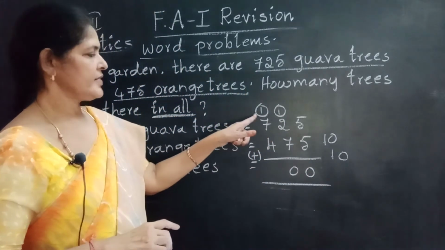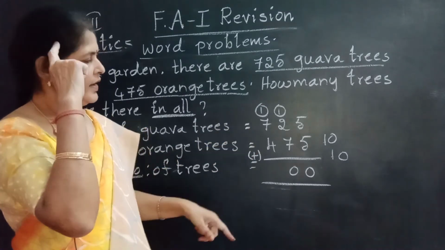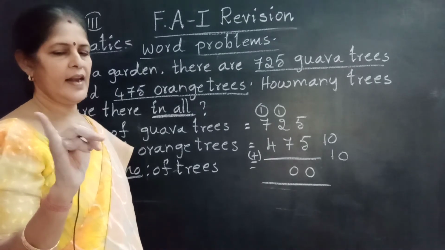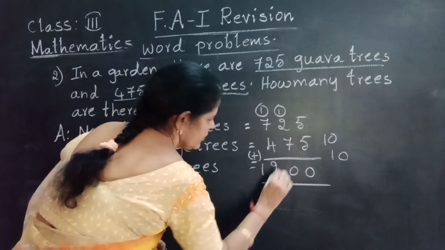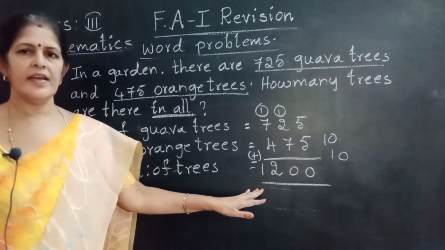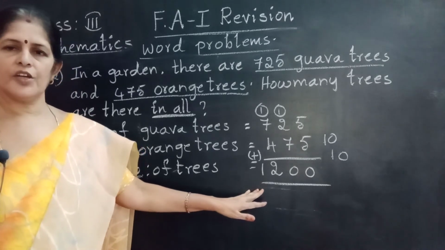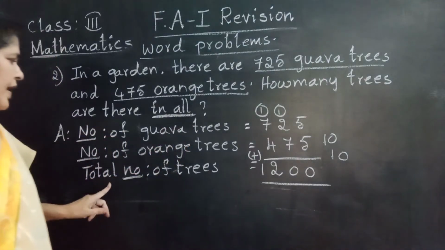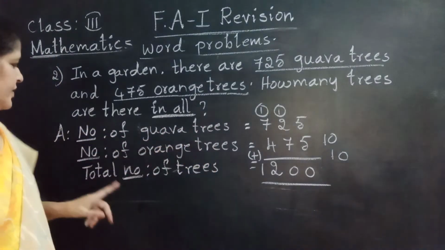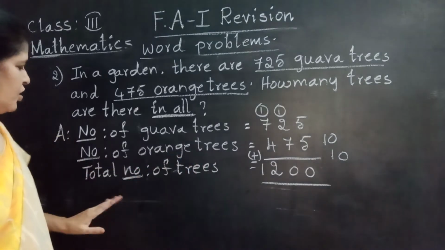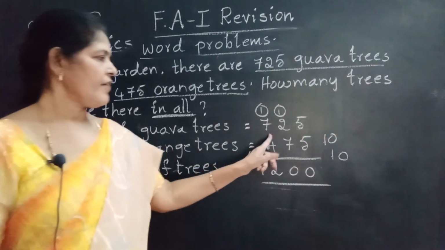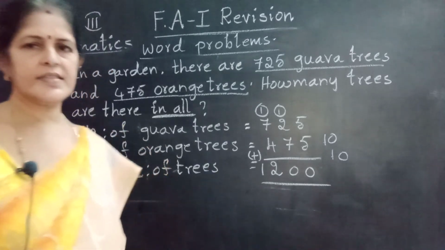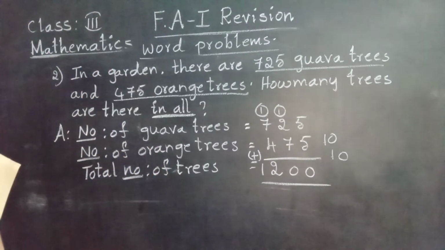Now adding hundreds. 1 plus 7, 8. 8 in the mind. Take 4 fingers. 8 after 9, 10, 11, 12. Total number of trees are 1200. In all means total. Number of guava trees, number of orange trees, total number of trees: 725 plus 475. Understood? Next one.